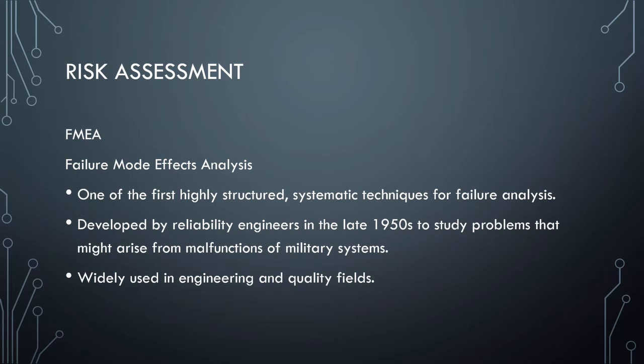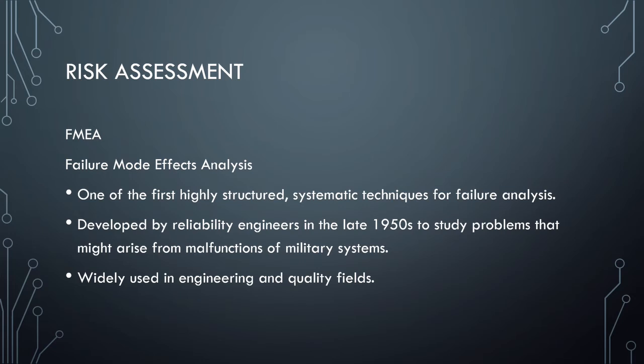There's a very structured way to set this up that's widely used. This method of analysis, as I said, is very structured, very systematic. It's not guesswork. It's not people sitting around a table asking, well, gee, what could go wrong, and then just scribbling out a list. You're essentially scoring every potential failure mode.